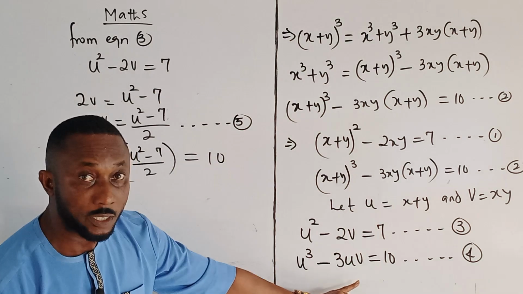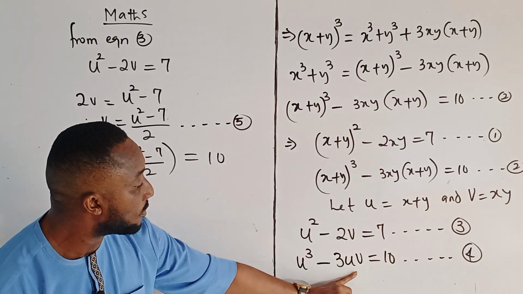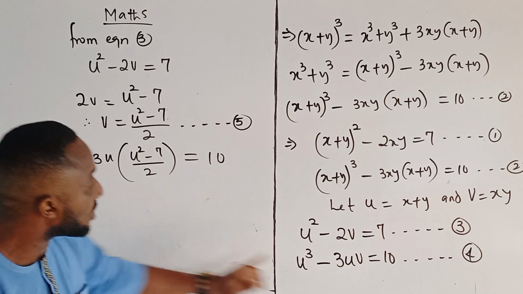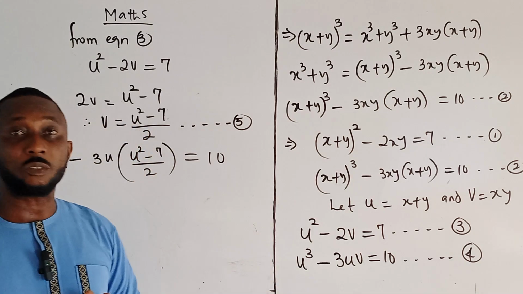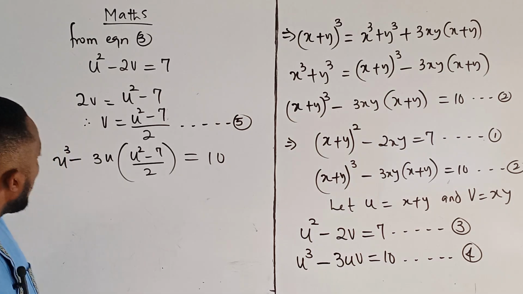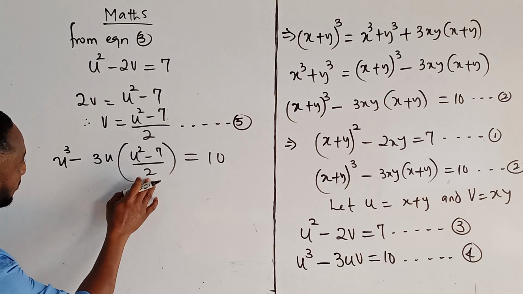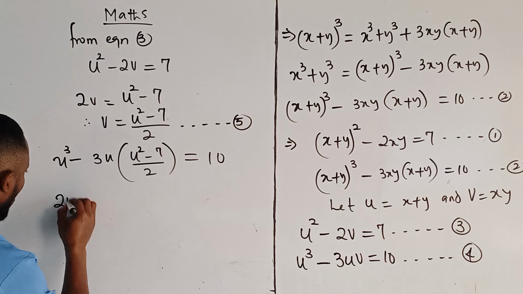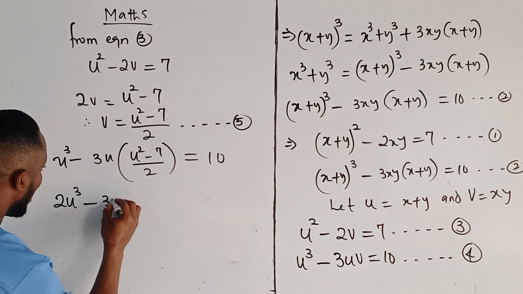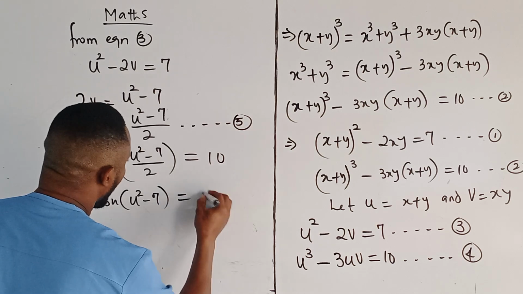So 3u will stay, and in place of v, we replace it with u squared minus 7 divided by 2. I'll get rid of the fraction first by multiplying through by 2. I'll have 2u cubed minus 3u into u squared minus 7 equal to 20.